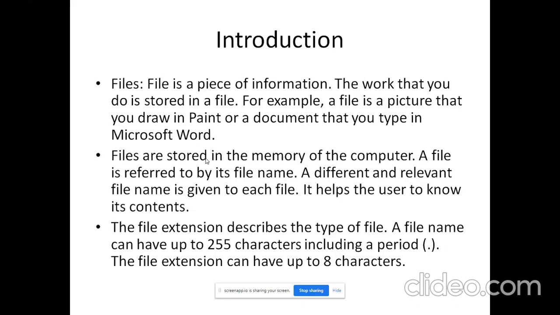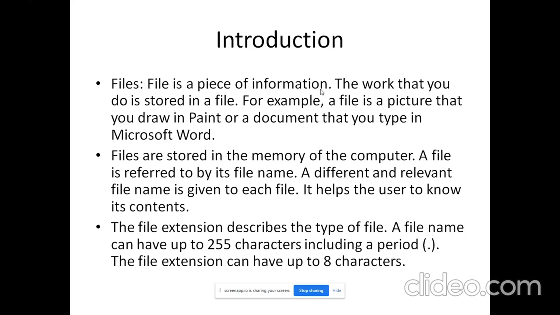Next, now we came to the main point. Files. A file is a piece of information. Remember, a file contains information. It might be a Paint file, a Microsoft Word file, or any PDF file.